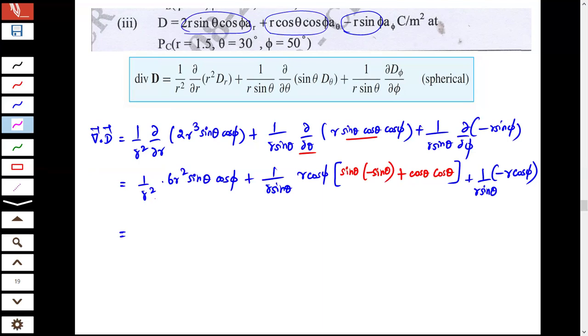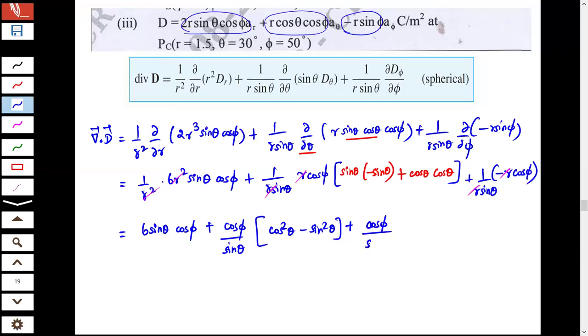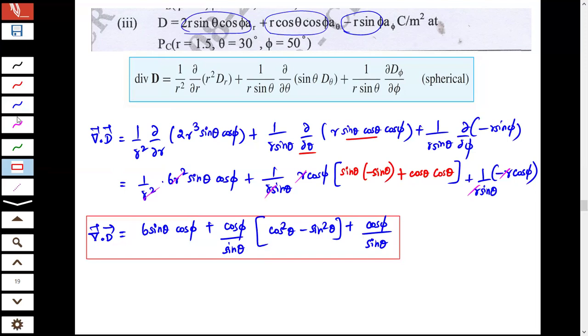So whichever are the terms that can be cancelled, we can cancel r, and here finally you'll get 6 sine theta cos phi plus cos phi by sine theta into cos square theta minus sine square theta plus cos phi by sine theta. So this is del dot D divergence. Now we can mention the unit as coulomb per meter cube.